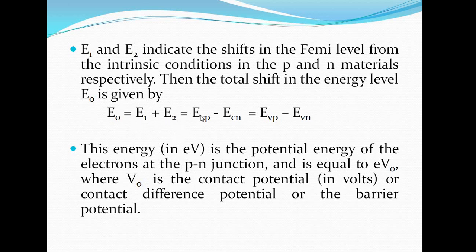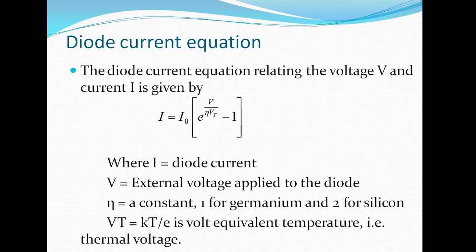E1 equals ECP minus ECN, where ECP is the P-type conduction band and ECN is the N-type conduction band. That equals EVP minus EVN. This energy is the potential energy of the electrons at the PN junction and equals eV0, where V0 is the contact potential, or contact difference potential, or the barrier potential.